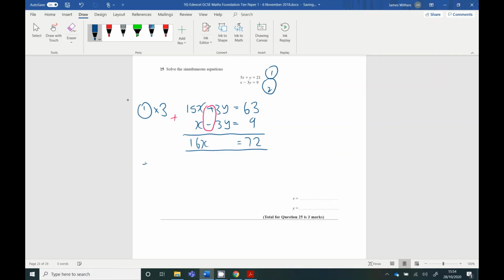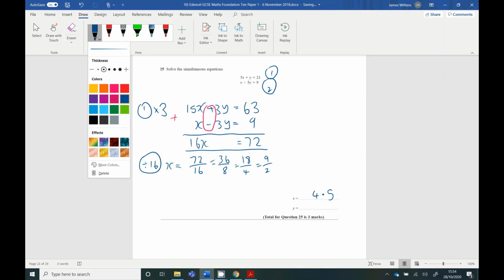So if we then divide both sides by 16, we've got x equaling 72 over 16, which is 36 over 8, which is 18 over 4, which is 9 over 2. So that's 4.5. So x is 4.5. So we now need to go and work out our y's. So we can take either of the equations. Okay, I'm going to take the top equation because I prefer to work with adding.